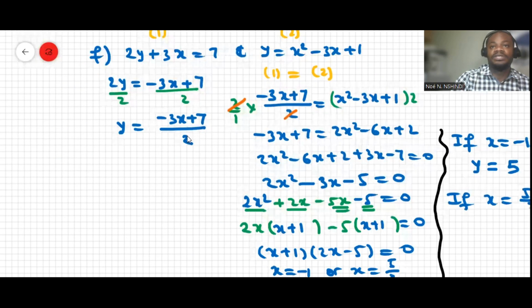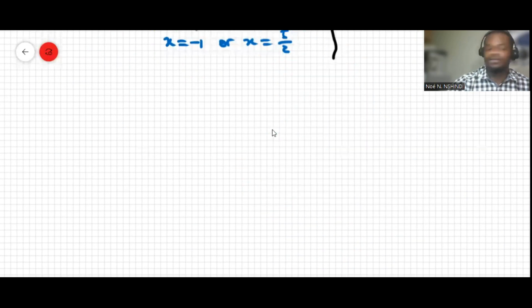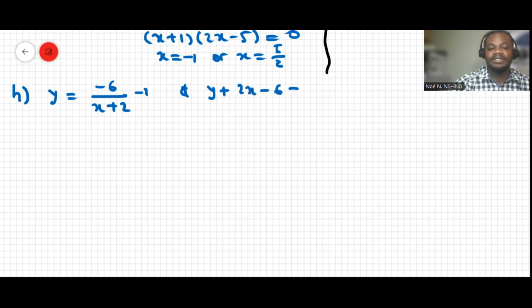Now we can do question H, which involves fractions. H here says y equals -6 over x plus 2, minus 1, and y plus 2x minus 6 equals 0. Now we can move from equation 2, because this is 1 and that's 2.